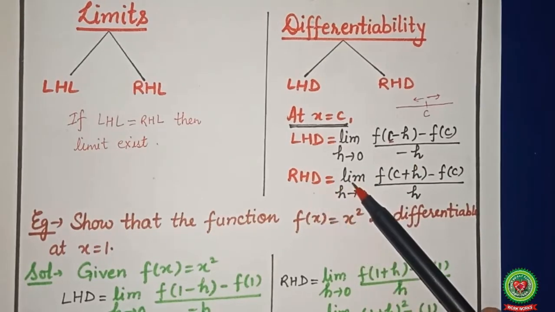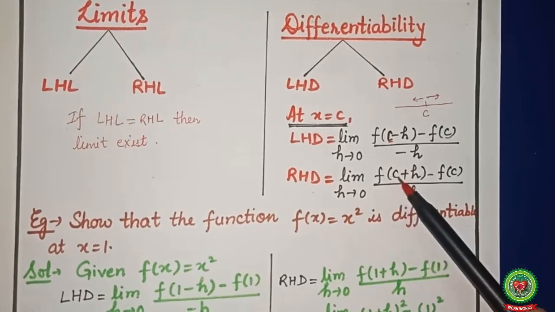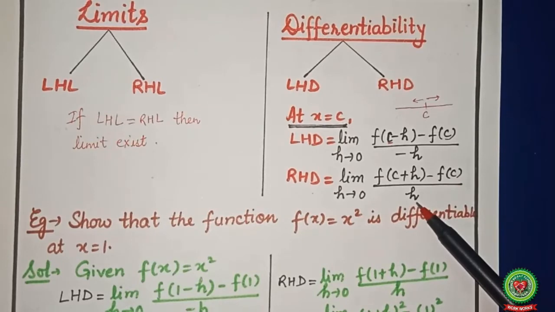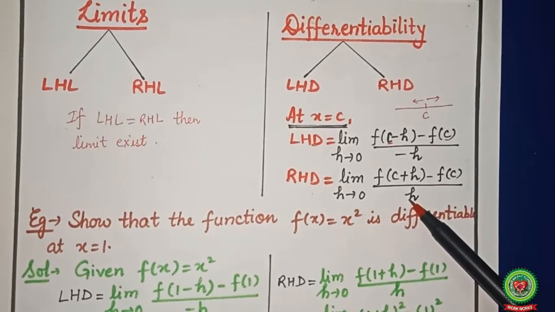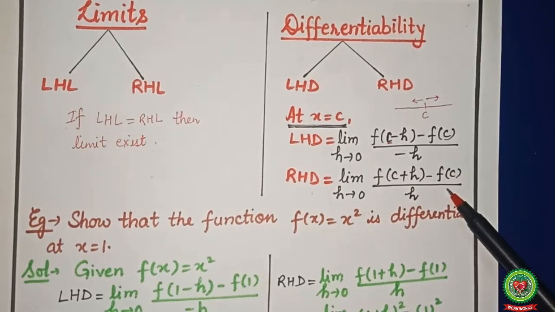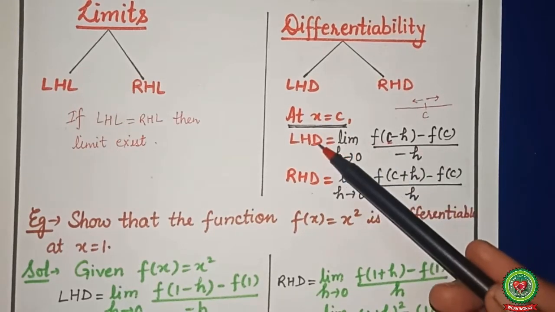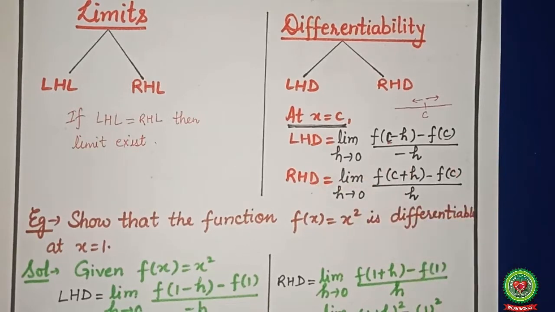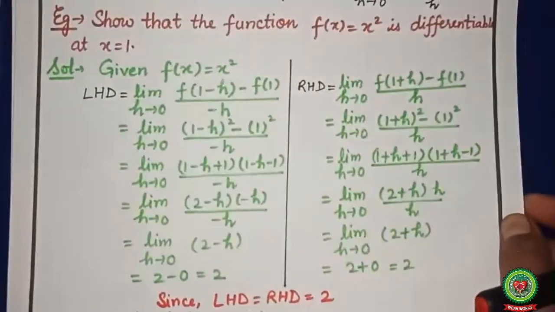In the right hand derivative, it is limit h approaches to 0, f of c plus h minus f of c upon h. Here h is positive. So these are the two formulas that we are going to use for the left hand derivative and right hand derivative. Let's do one example based on it.